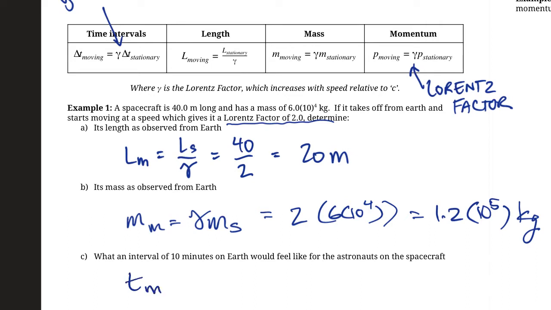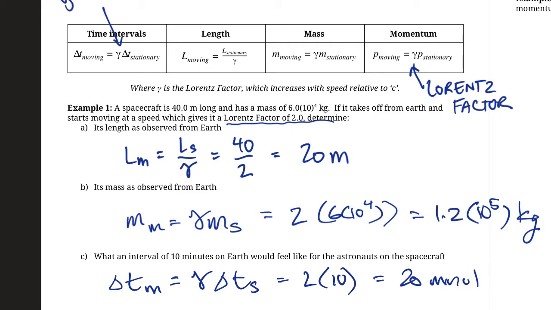So delta t moving is going to be gamma times delta t stationary, which just equals 2 times 10, which is 20 minutes. Okay? So that sort of gives you some sense of what moving very, very fast can do.